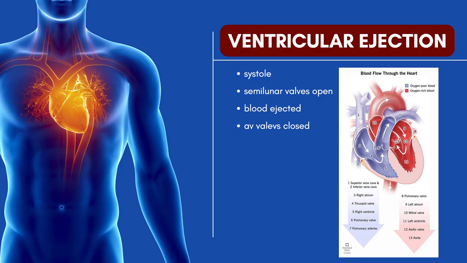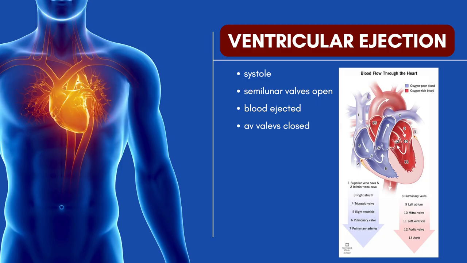The fourth phase is ventricular ejection. Ventricular pressure becomes greater than the pressure in the pulmonary trunk, and also in the aorta. This will cause the semilunar valves to open.